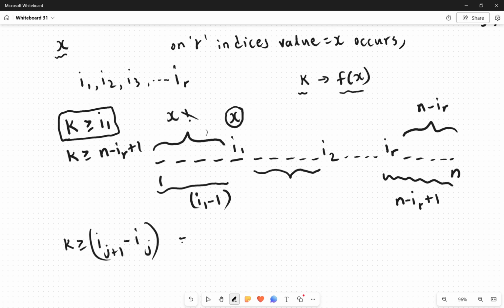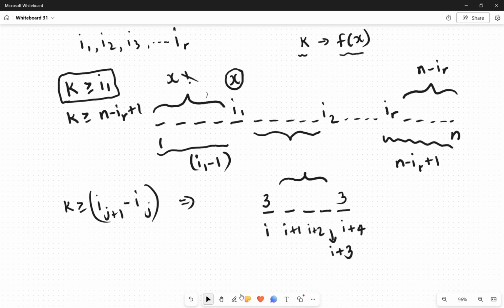So what this means is that suppose my x is 3, and suppose this is some part of the array, and here again x is equal to 3. Suppose this is index i, this is i plus 1, i plus 2, i plus 3, and here i plus 4.